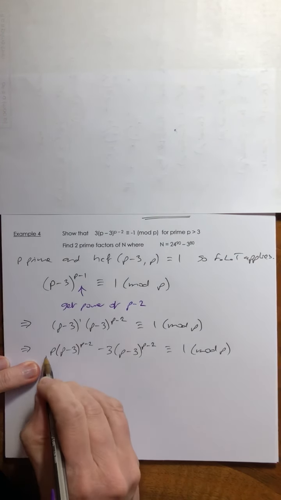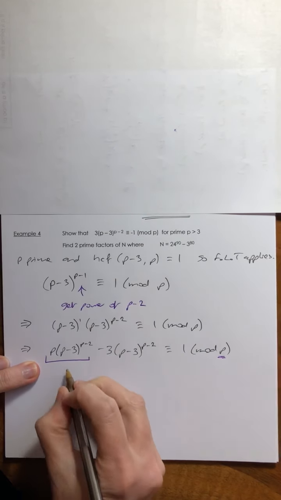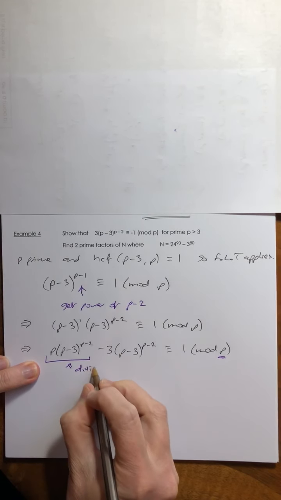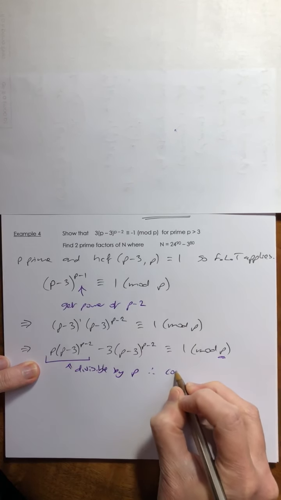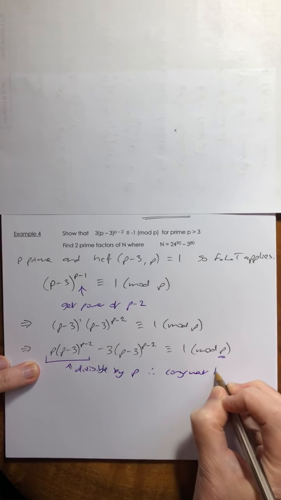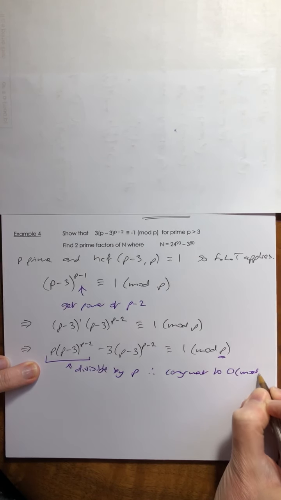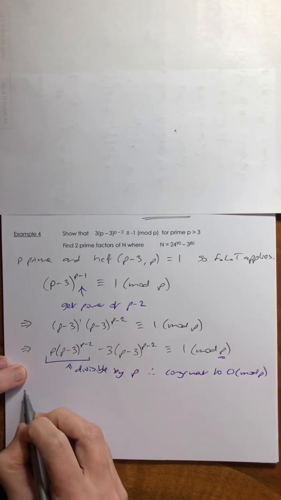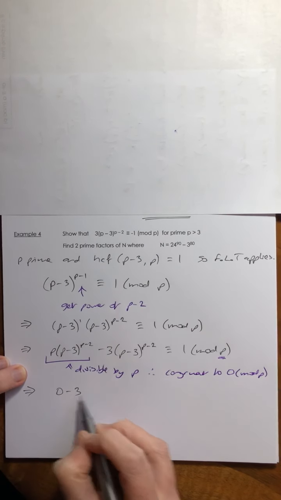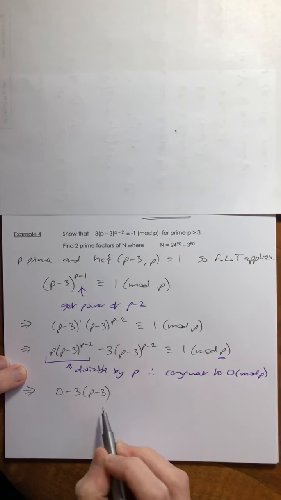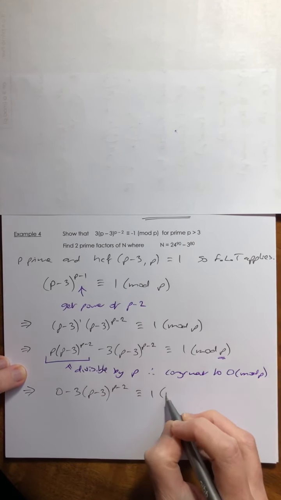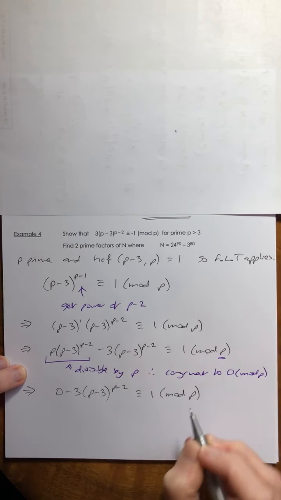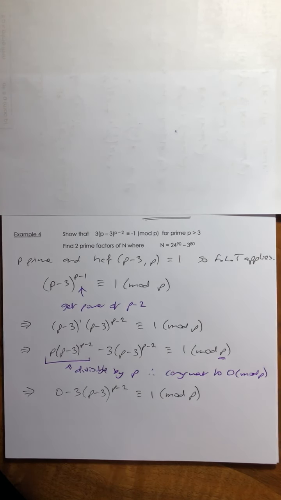This, because we're dealing with mod P, is divisible by P. Because it is divisible by P, it is congruent to 0 mod P. So that just takes us to 0 minus 3 lots of P minus 3 to the power of P minus 2 is congruent to 1 mod P. And then, well, I'm not going to divide by negative 1.